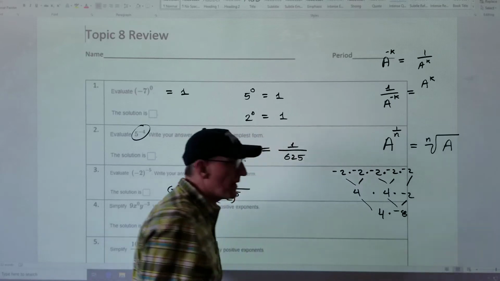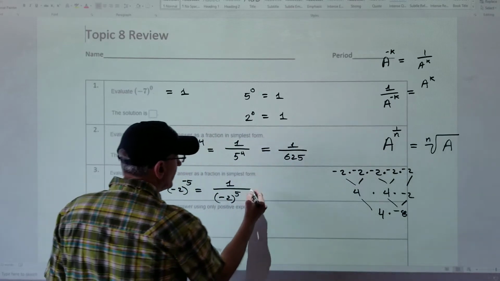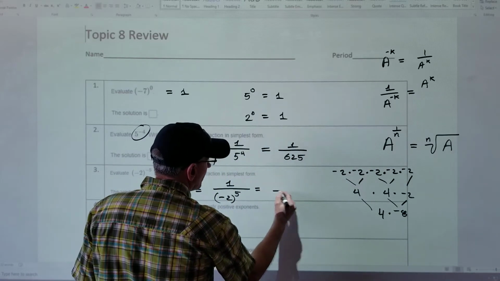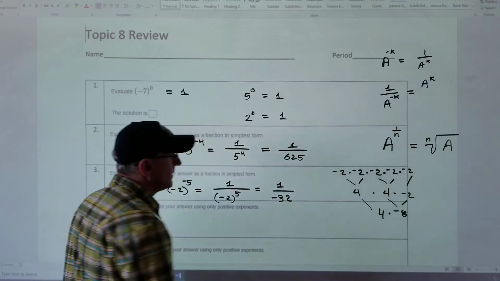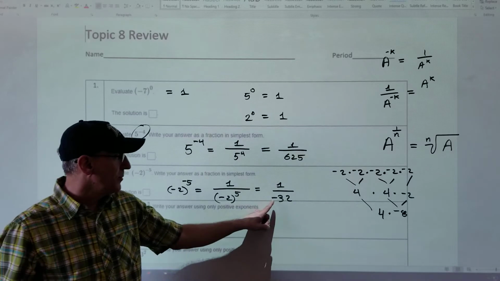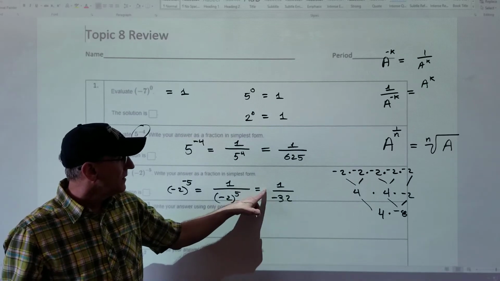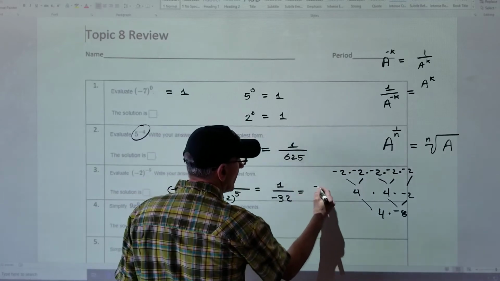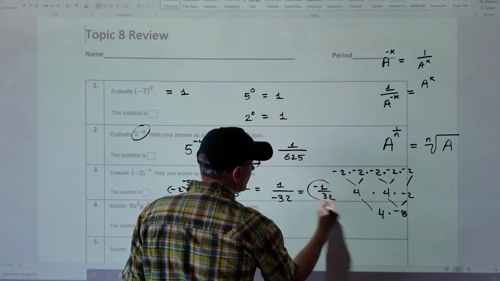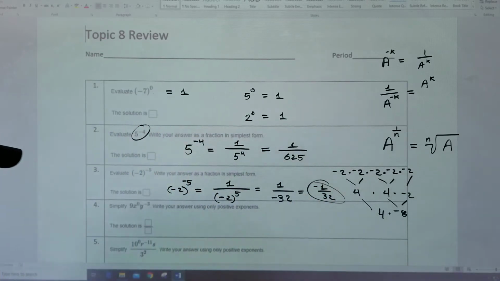So what's 4 times -8? It's -32. So it's okay to write the answer like this. I think most people would prefer to see you put that negative here or here. My favorite place is to put it up here with a 1. So I'm going to write -1 over 32, circle it, and move on.